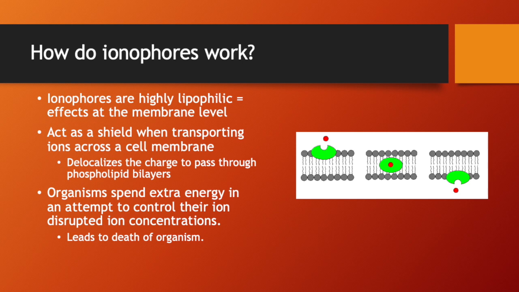The organisms that it impacts have to spend extra energy in an attempt to control their own disrupted ion concentrations. This use of energy is ultimately what leads to their death. And in the picture over here, we have a little representation of how the ionophore surrounds the ion and allows it to travel through the membrane.